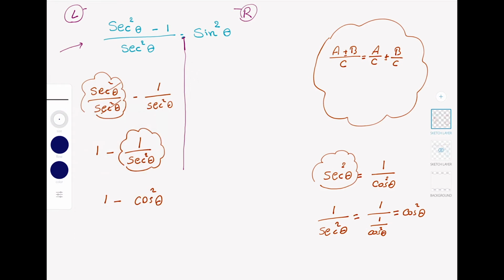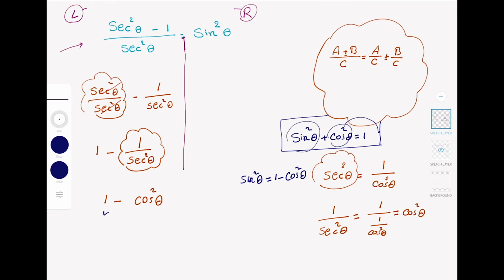We also know that sine square theta plus cosine square theta equal to 1. This is the first identity. If you move cosine square to the other side, we're going to have sine square theta equal to 1 minus cosine square theta. So 1 minus cosine square theta will be sine square theta. So we proved it. There might be another way to solve this, but that's what I picked.